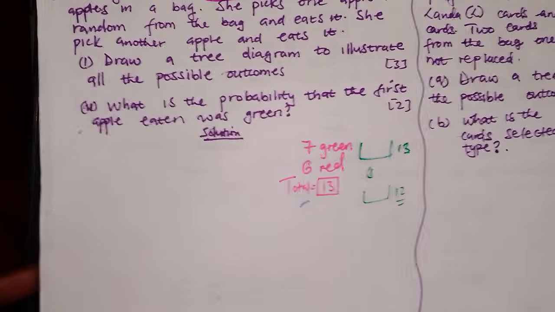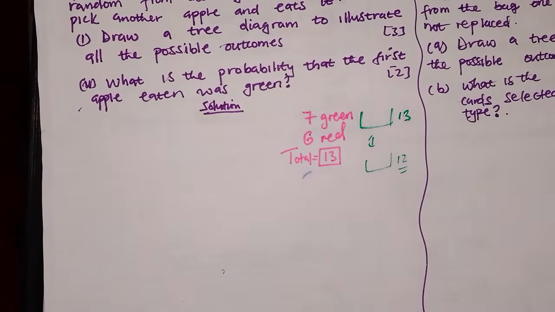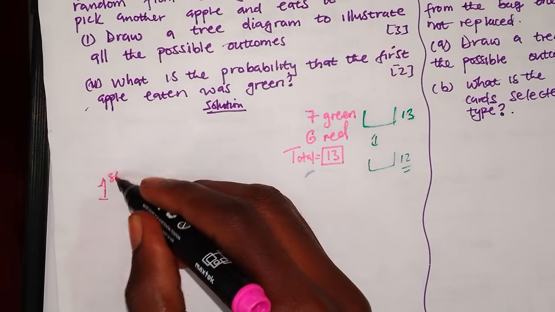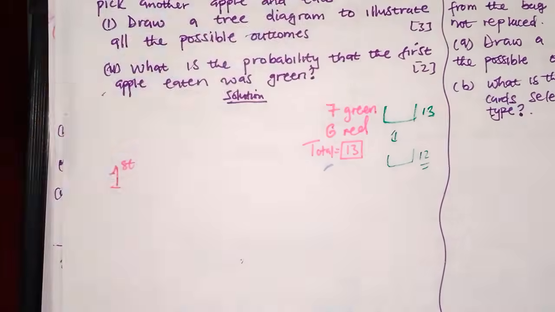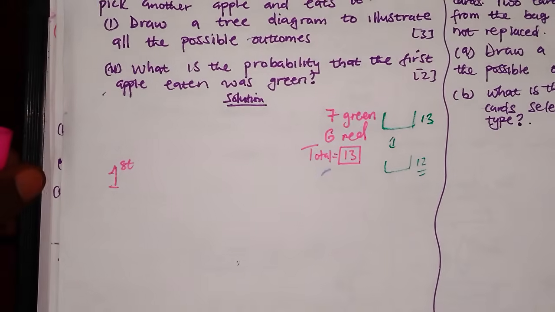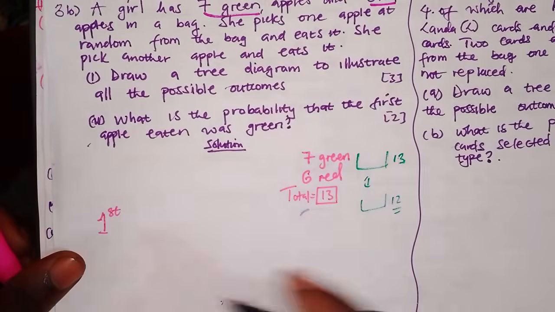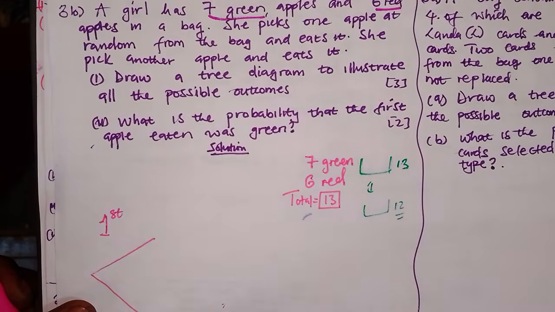So we are going to say first pick. So she picked first. So if she only had the opportunity of picking once, what could have been the probability? So you draw. So this is the first pick.